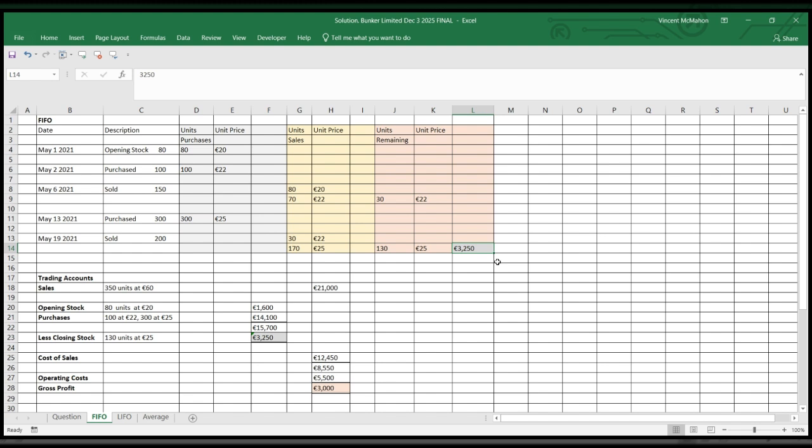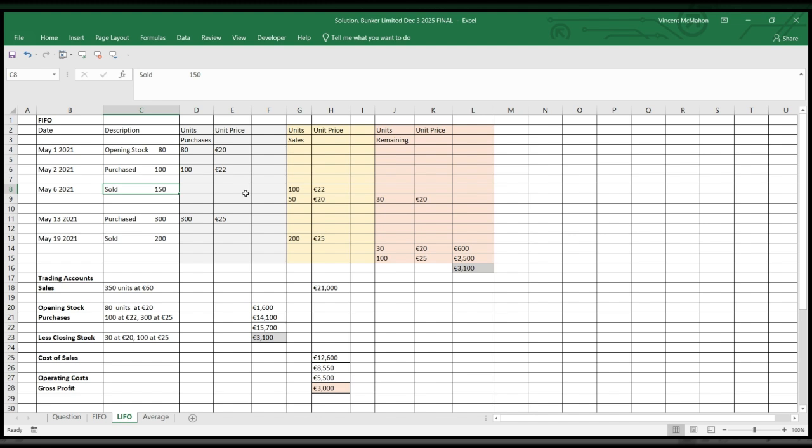That's getting the valuation of our closing stock using first in, first out. Now, next we're going to do the last in, first out, but bear in mind, opening stock, purchase, sold, they all stay the same. Okay, we'll try the last in, first out. Again, opening stock of 80, we bought 100, we're going to sell 150.